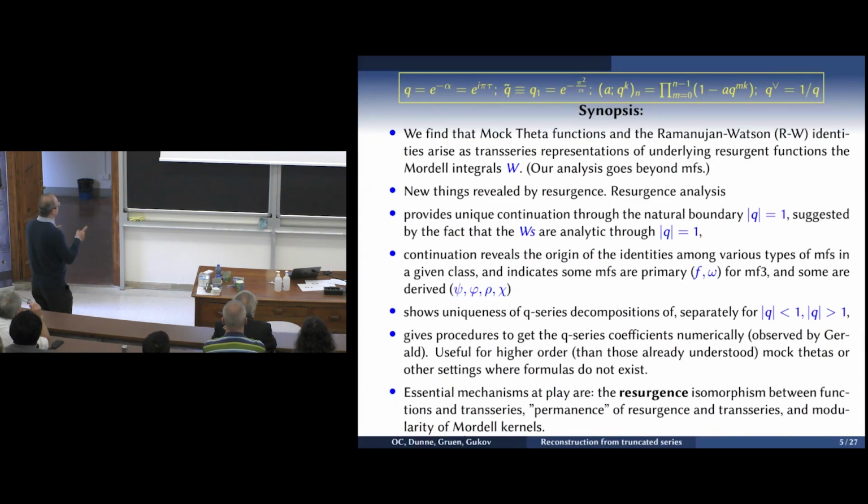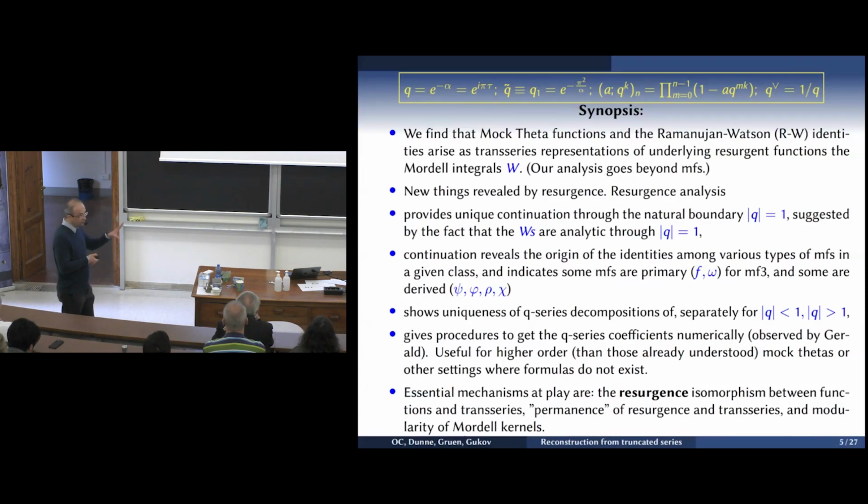So there are a number of things that I extracted for this talk, and here are some of them. We find that mock theta functions and the Ramanujan-Watson identities arise merely, if I want to say merely, as trans-series representations of the underlying resurgent functions, which are the Mordell integrals.